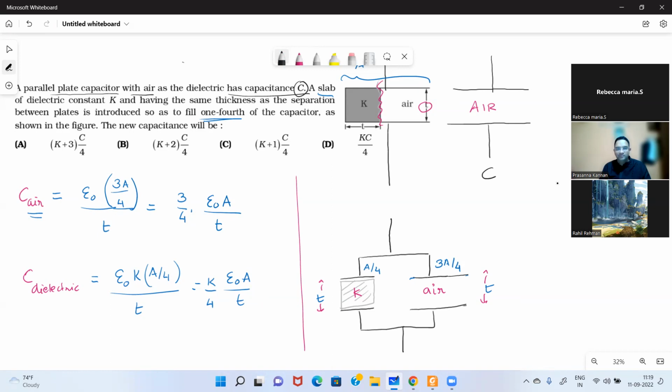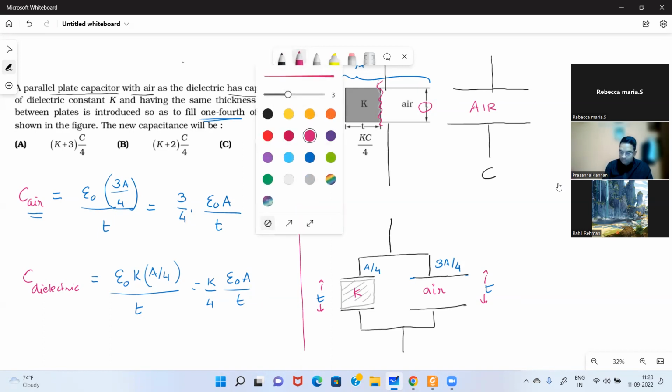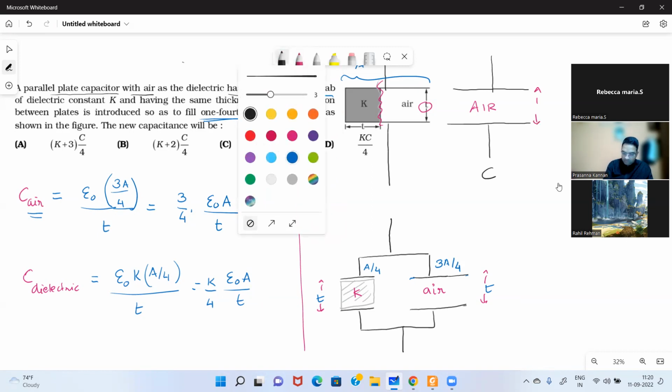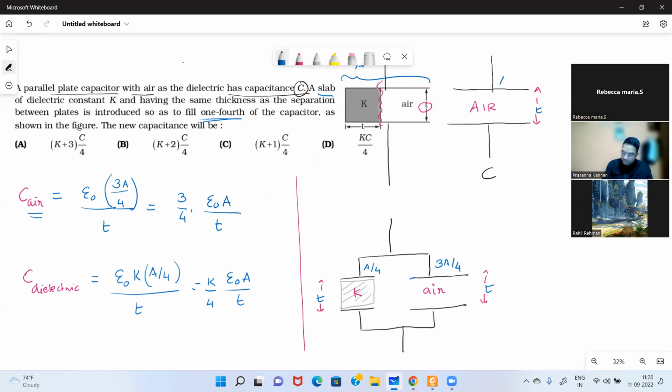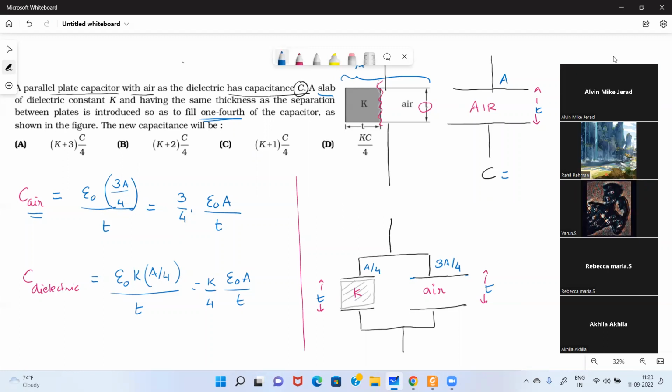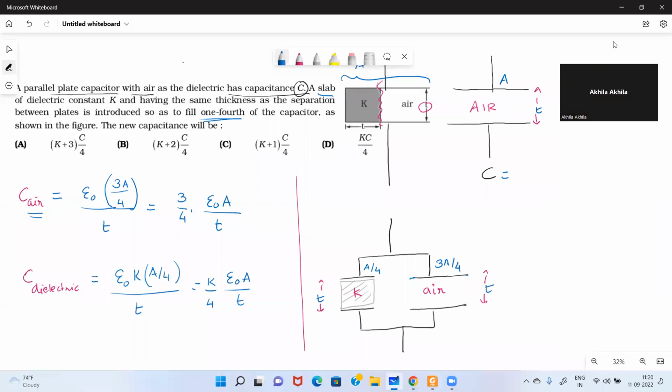Clear? In that case, the thickness is anyway T and the area of cross section is A. So in this case, what is capacitance C given by? Normal air capacitor, what is it? Can you tell me? What is the capacitance of the air-filled capacitor? Simply air is filled.